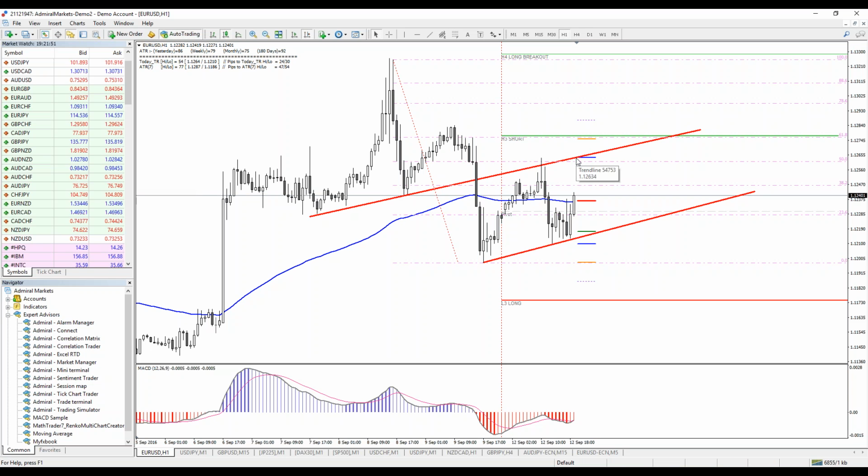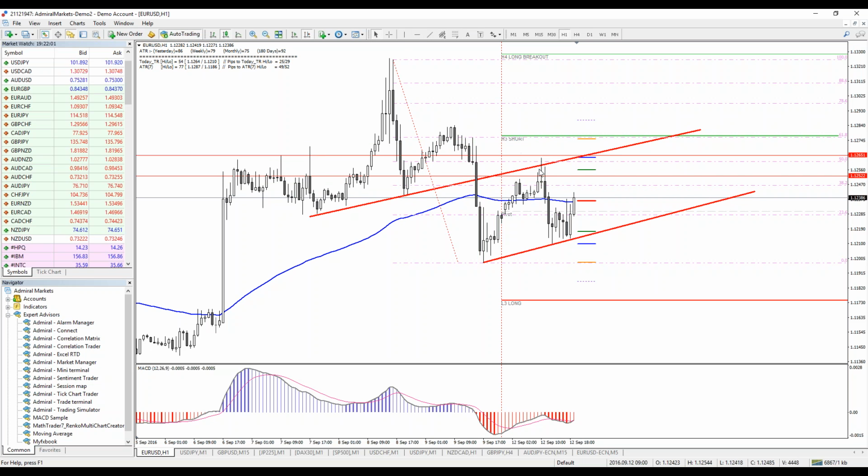So this region here could actually reject, because we also have historical sellers here. You see, historical sellers. But if it doesn't hold, this level should bring it down then. So it's 1280.